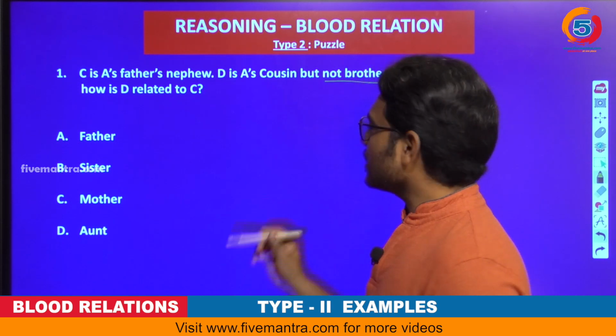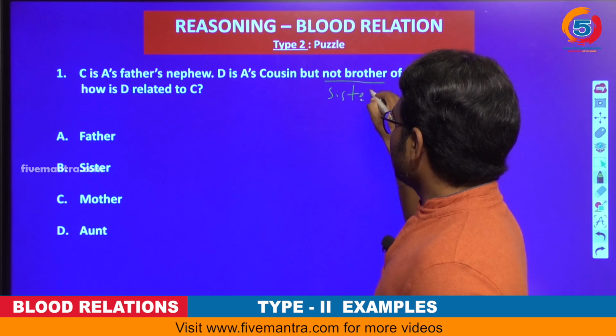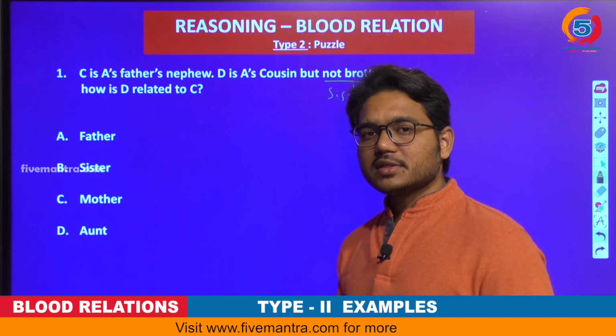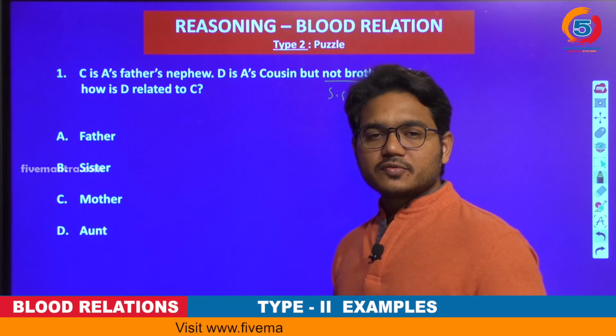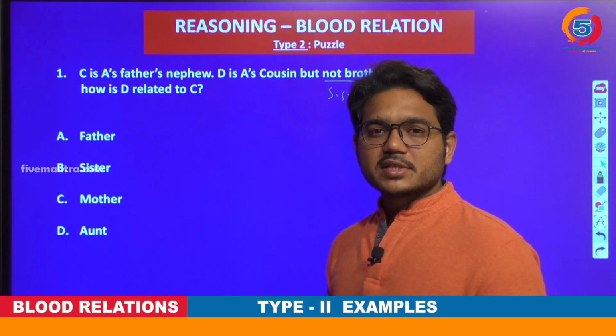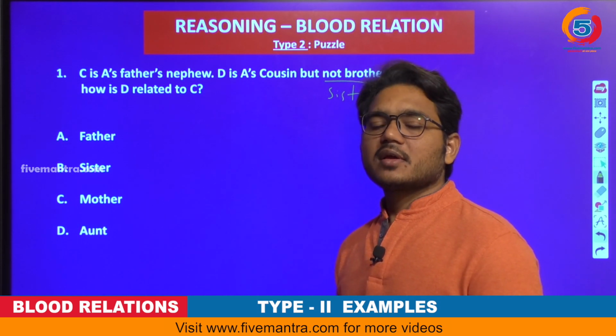"Not brother" means it could be sister. Similarly, if it is given "not sister", obviously it is brother. If you consider "not a daughter", it could obviously be son. "Not a son" implies it is daughter.